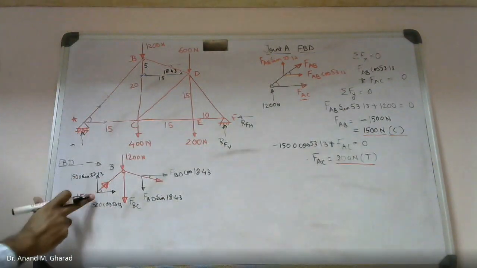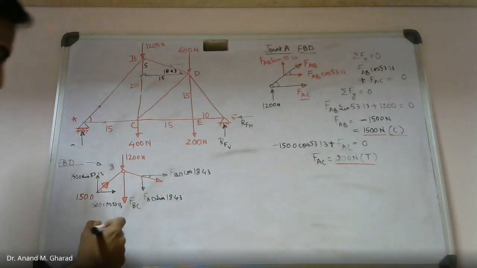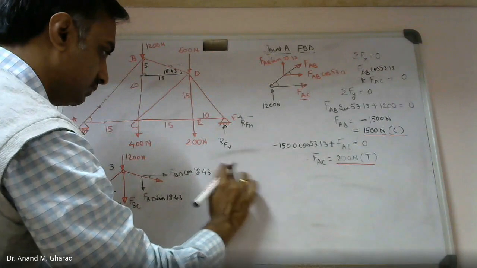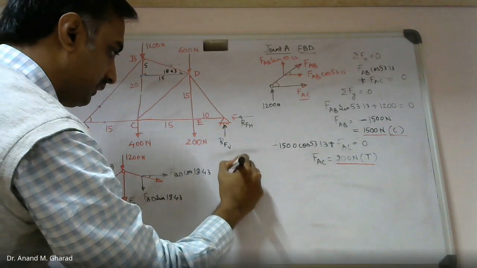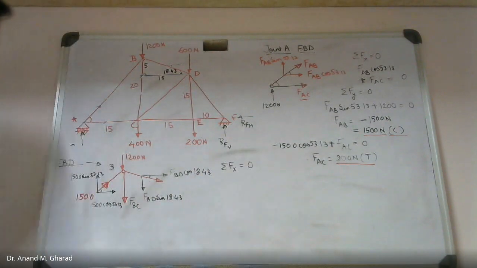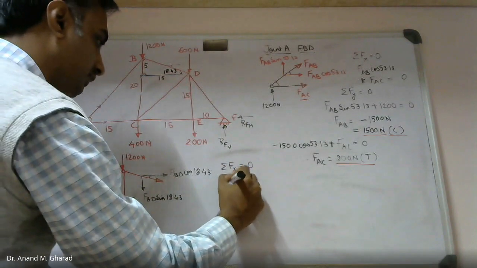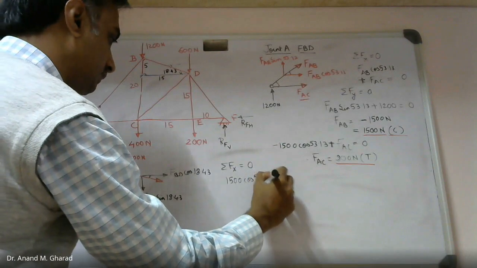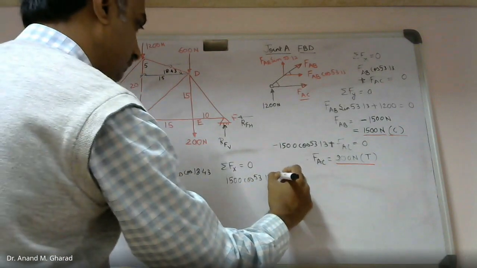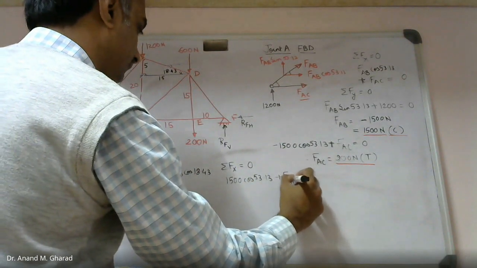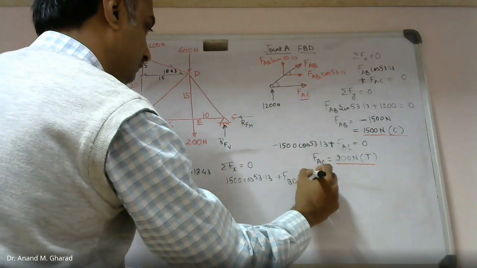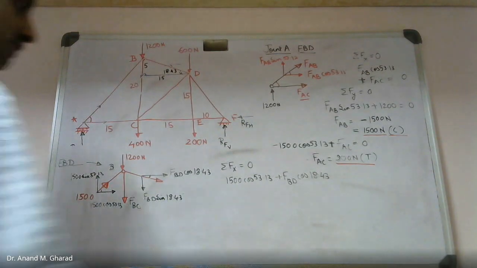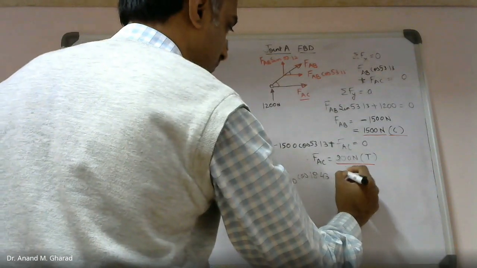Therefore, the direction of the arrow is opposite. Then summation of force in x direction equal to 0. 1500 cos of 53.13 positive plus FBD cos of 18.43. That's it. Equated to 0.